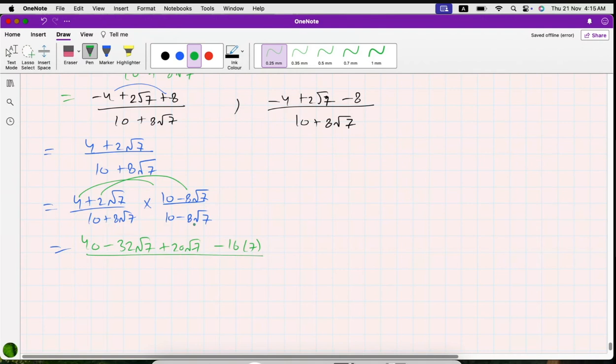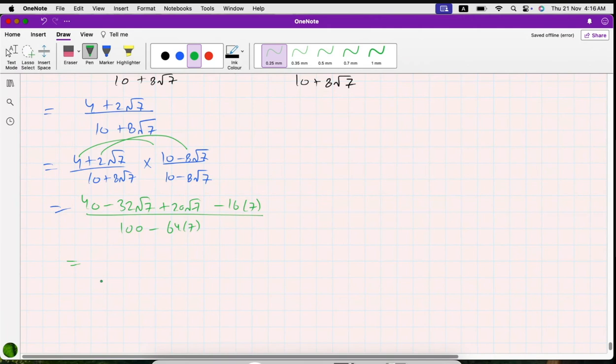The denominator, a plus b into a minus b, is a squared minus b squared. B squared is 8 squared, 64, into 7. Now simplifying the numerator, 40 minus 16 into 7 gives me negative 72, and minus 32 and 20, the difference is 12 square root 7, by 100 minus 64 into 7, which is negative 348. And now we just write them like this.